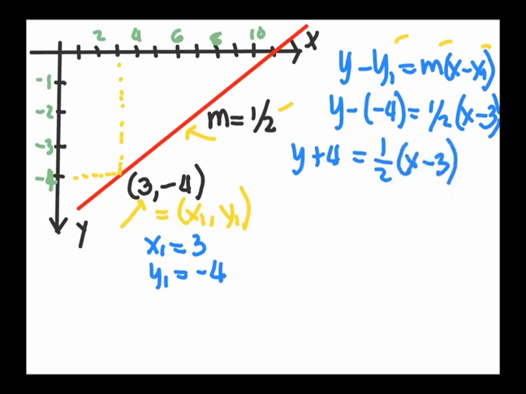To simplify further, we'll now multiply the whole equation by the LCM of the fractional terms. So we'll now multiply this by 2 and we'll have 2y plus 8 is equal to x minus 3.